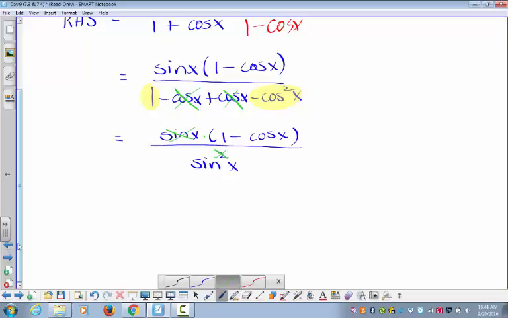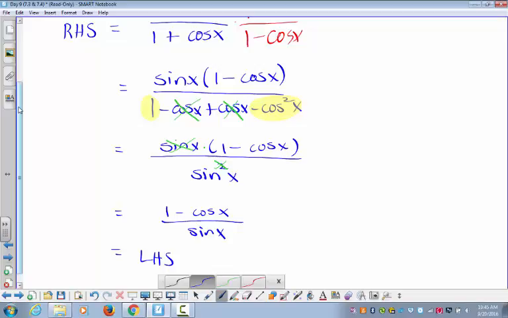So we're going to be left with 1 minus cosine x in the numerator, and downstairs we're left with sine x. And that is the left-hand side. So we started with the right-hand side, manipulated, got the left-hand side. We never multiplied both sides by something. Start with one side, manipulate until you get the other side.